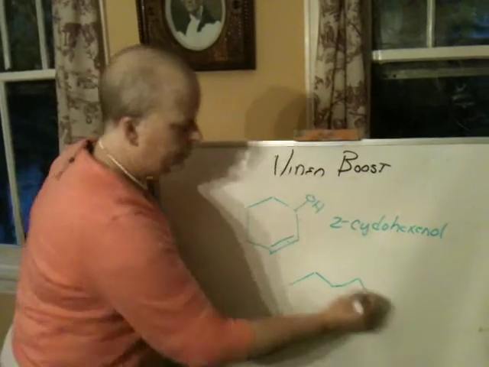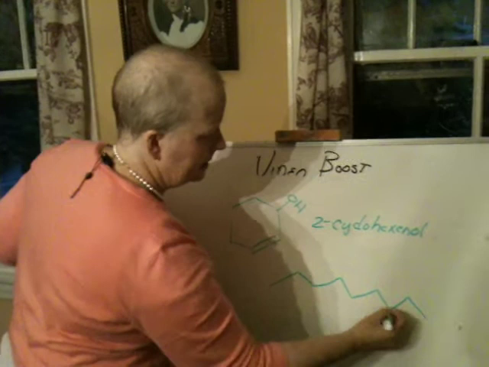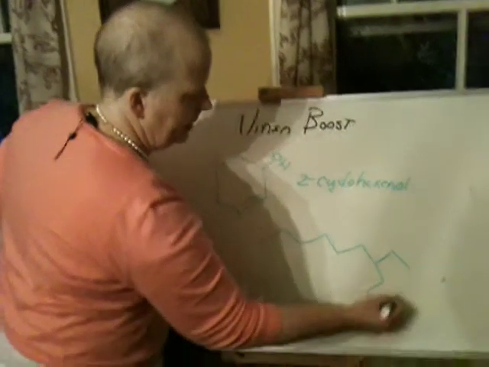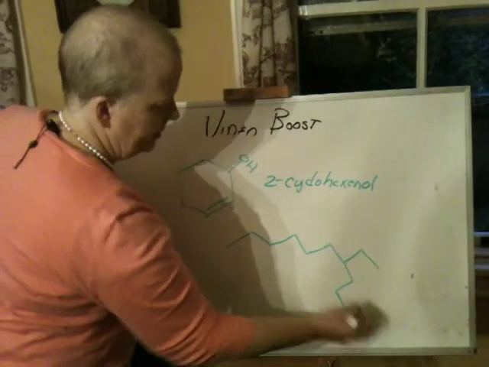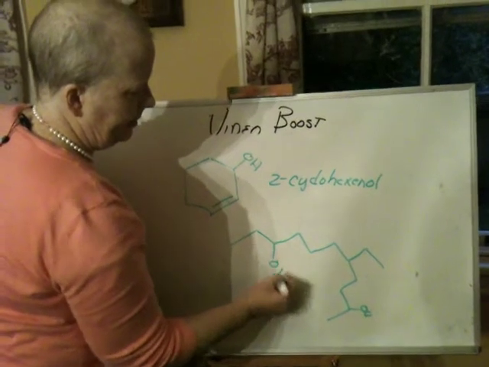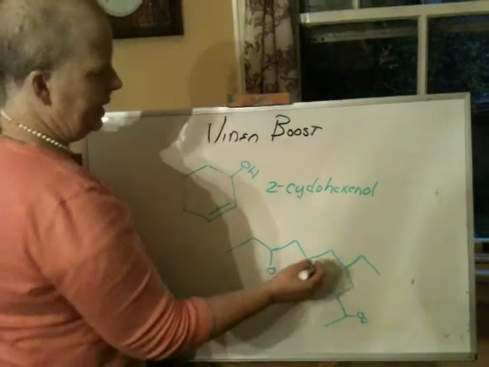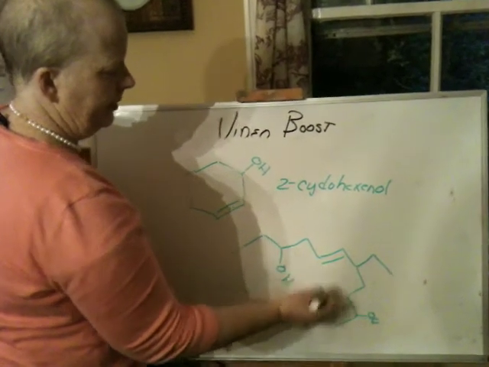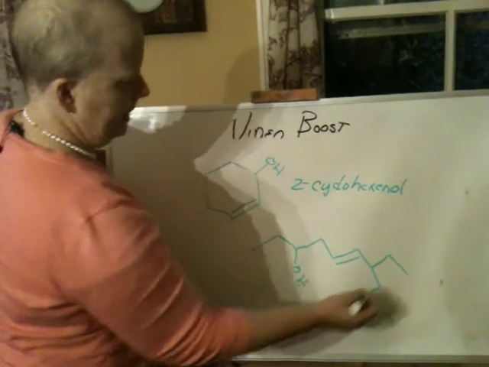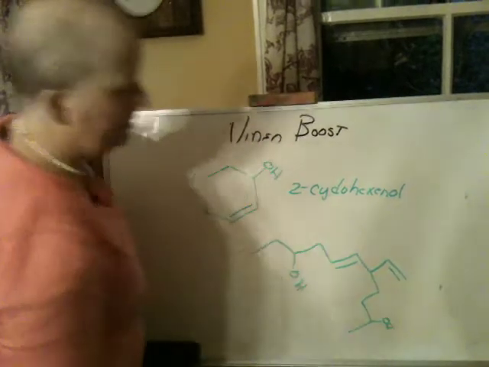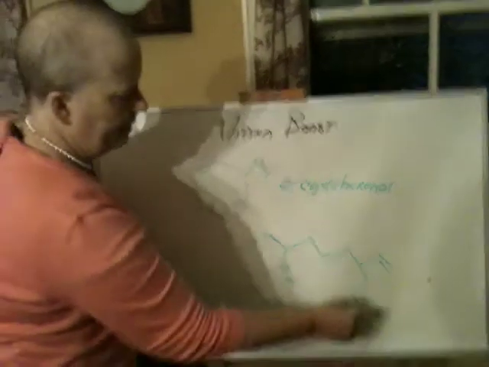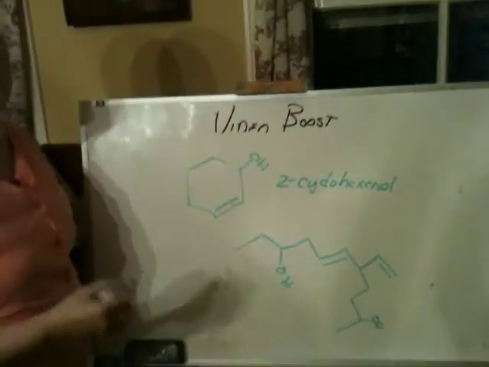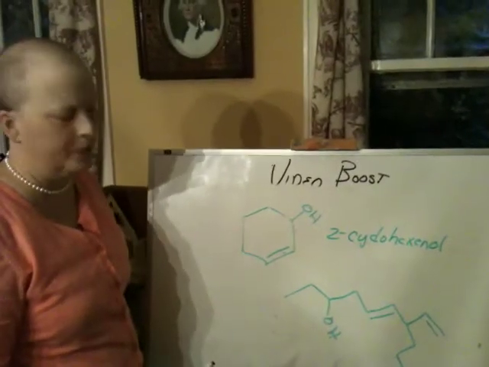However, when you have chains like this, and let's say I have an OH here and an OH here, and let's say I have a double bond here and another double bond out here. What I would pick as my principal chain would be this, simply because it has 2 of the principal groups in it.